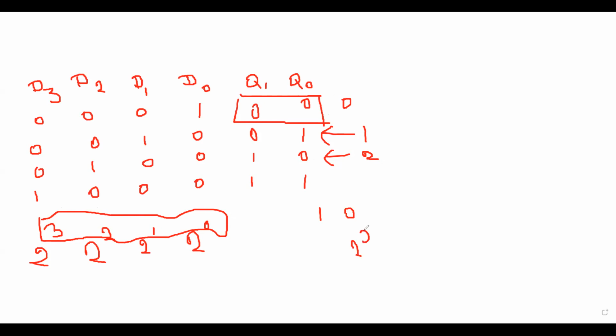So 2 to the power of 0, 2 to the power of 1. So 0 plus 2, the answer is 2. In this way, this is 3. This is the way to fill the truth table for encoders.